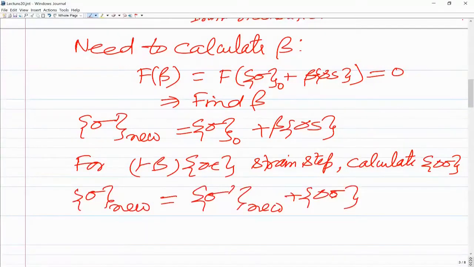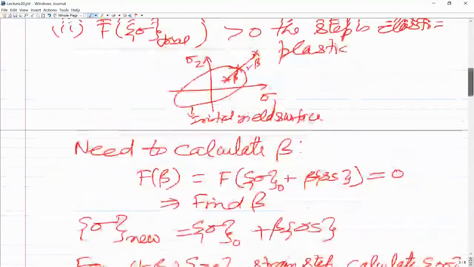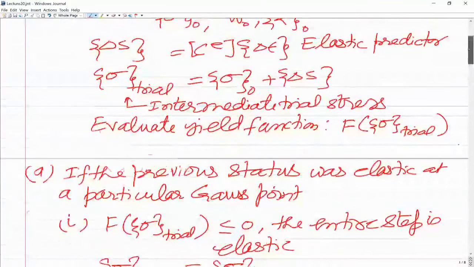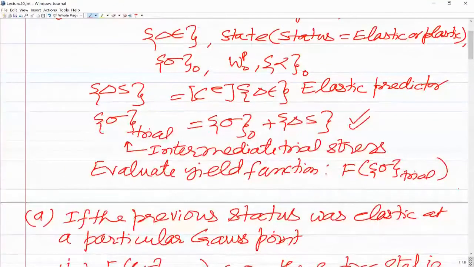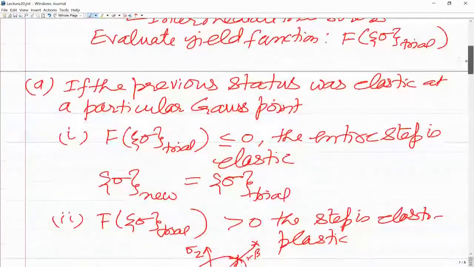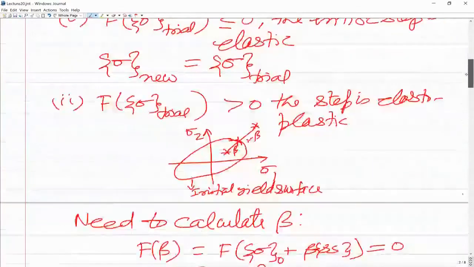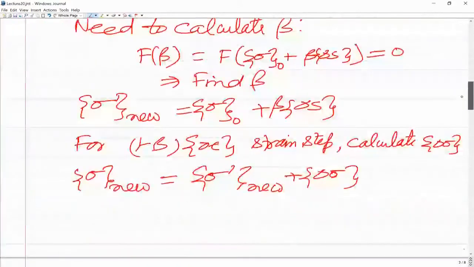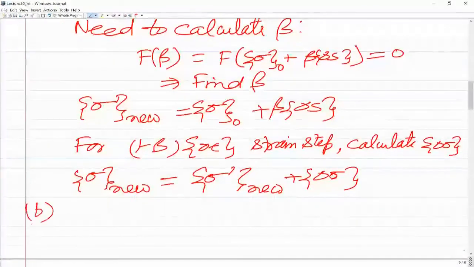So this is one possibility, that after doing this initial set of predictor calculations, we check if the point was previously elastic. If it was elastic, then we have possibility number one. And the second possibility could be that the previous step was elastoplastic.